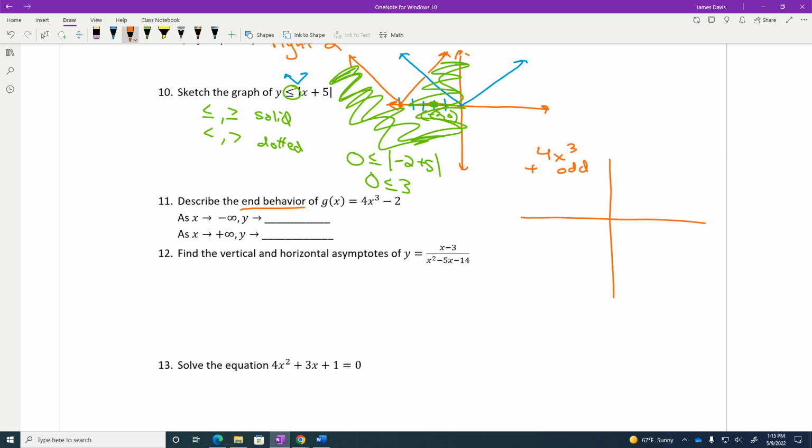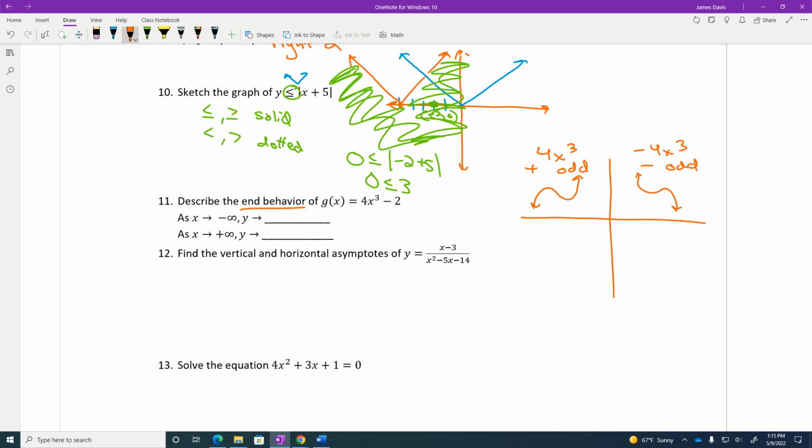What this graph looks like is like this. It might not have the exact little humps there, but it's going to have something that looks like that, whether it's a 5th power, 7th power, things like that. If it was negative, say negative 4x cubed, so negative and odd, it's just going to be flipped just like that.